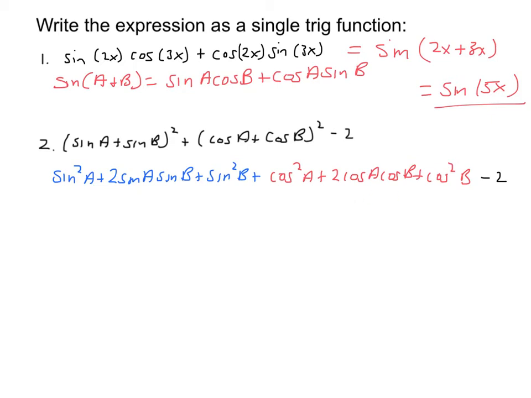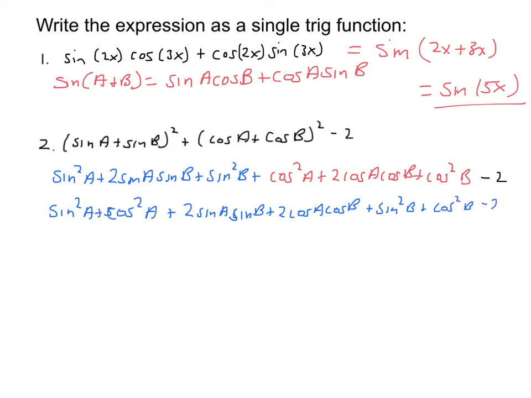So this is going to become sine squared A plus cosine squared A plus 2 sine A sine B plus 2 cosine A cosine B plus sine squared B plus cosine squared B minus 2.